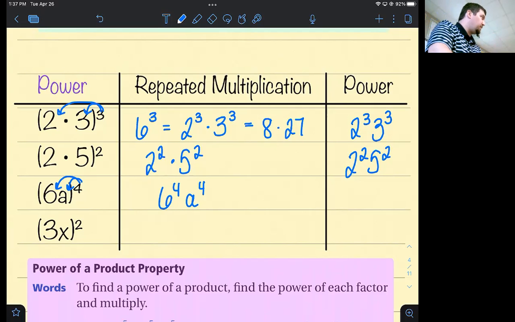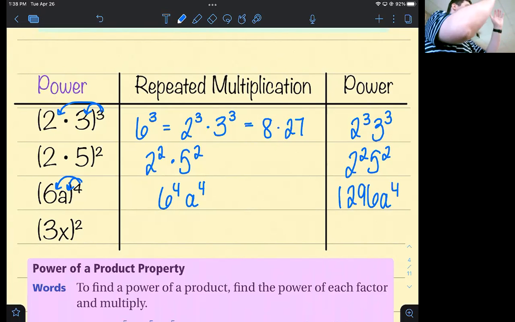What do you get, Dawson? 1,296? Okay, so they're going to want you to write this as 1,296, simplify the 6 to the 4th part, and then a to the 4th still being multiplied. Just like in our problem we looked at with the pyramid, 3 halves b all being squared, we wanted to write that as 9/4 b squared.